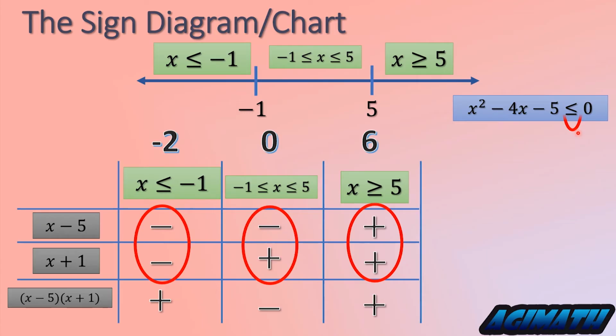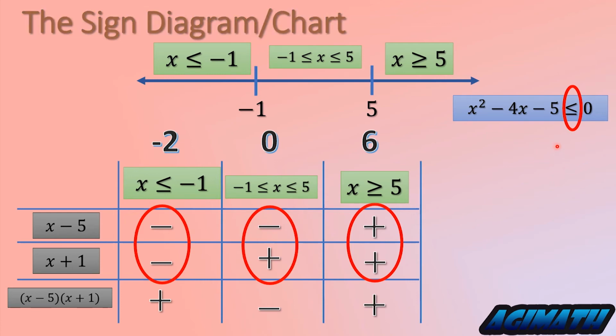So how are we going to analyze? You look at the inequality symbol, less than or equal to, and then you answer this question. When we are factoring, we have two factors. When are two factors less than 0? Or to make it simpler, when are numbers less than 0? The answer is if they are negative.